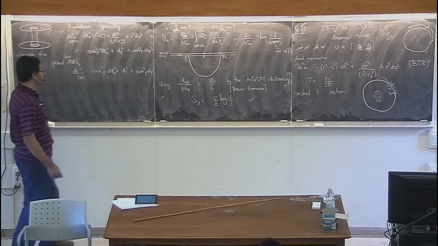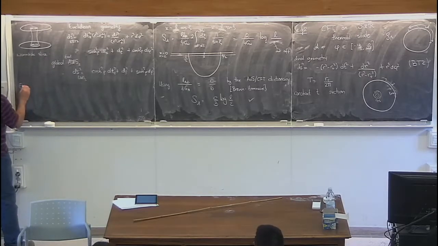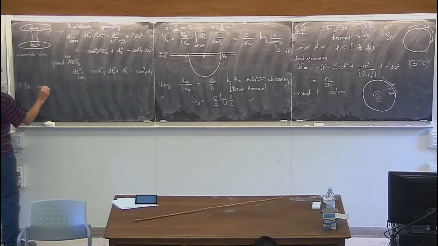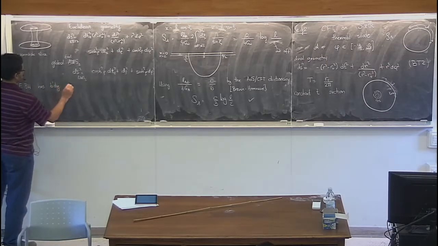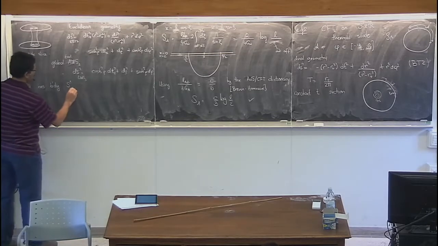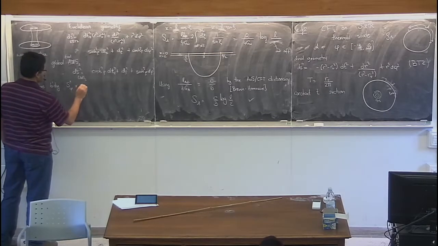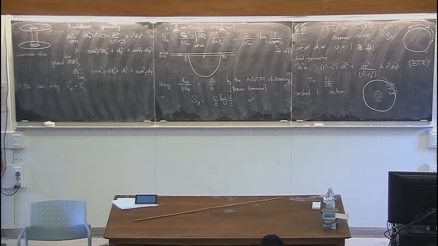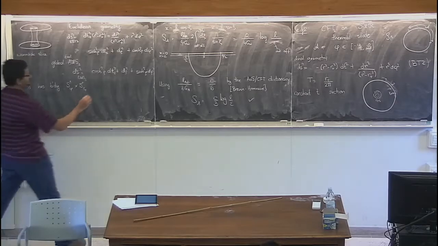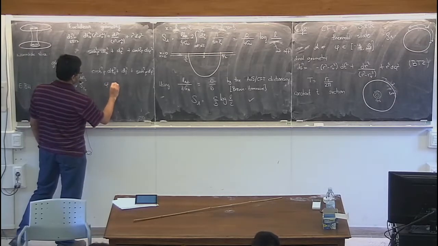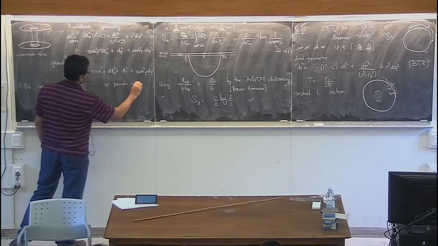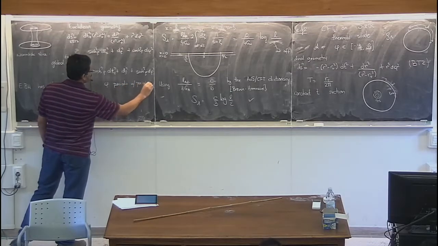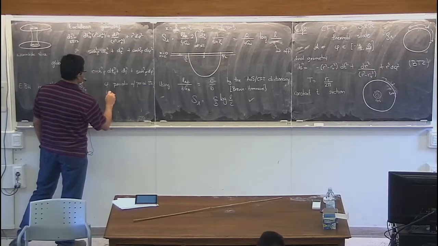Why is this? The Euclidean black hole has boundary S1 parameterized by angle phi times S1 parameterized by angle t_E. Phi is periodic with period 2 pi. t_E is periodic with period beta.